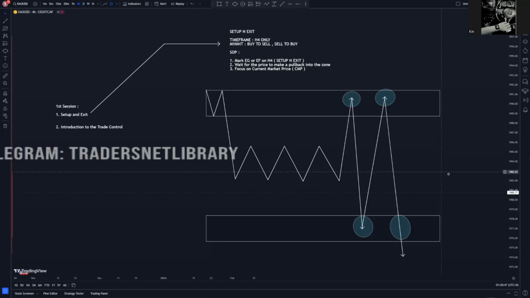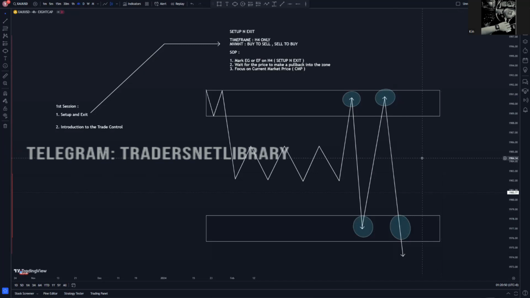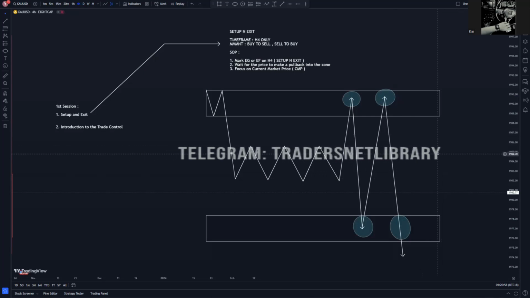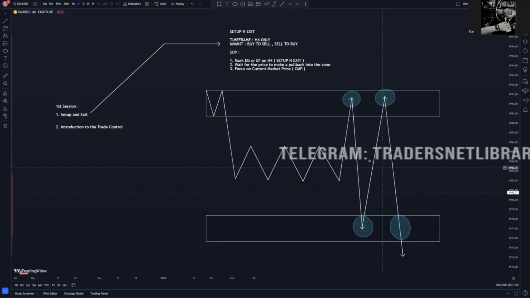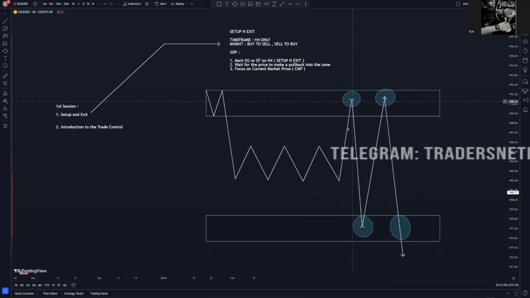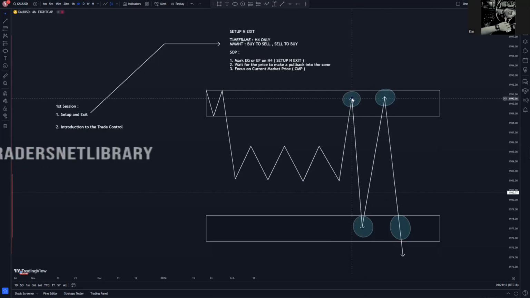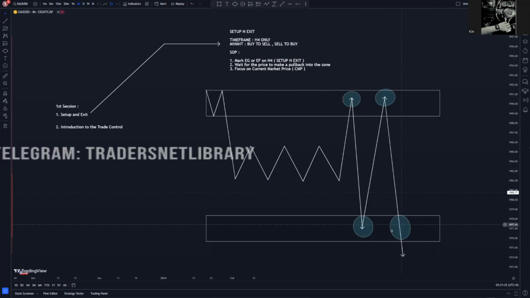So the second famous question is, why do we need to focus on the current market price? I'm going to answer this question right now. When the price gets into the sell zone, at all of the circles that I've circled over here, we will find out all the answers to our questions: why the price respected the sell zone, why the price respected the buy zone, and why the price just went through this buy zone.